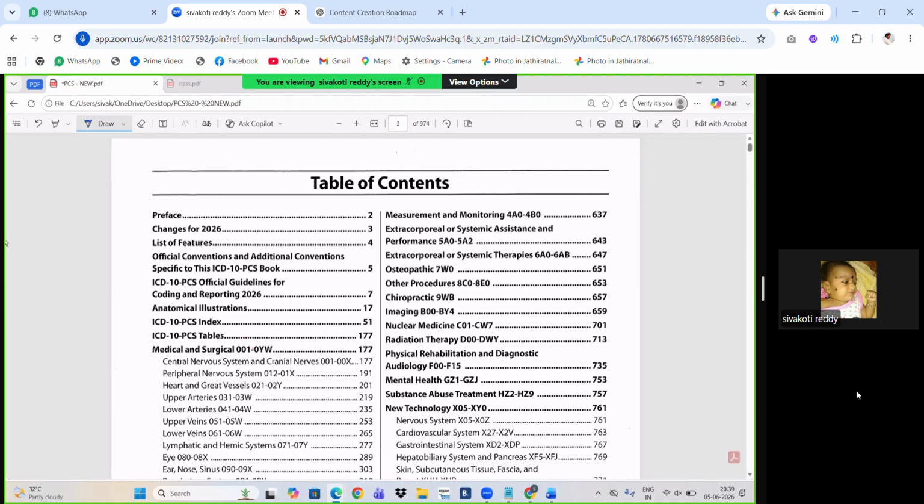First, you will get the ICD-10 PCS index here, correct? Check the heading and ICD-10 PCS tables.